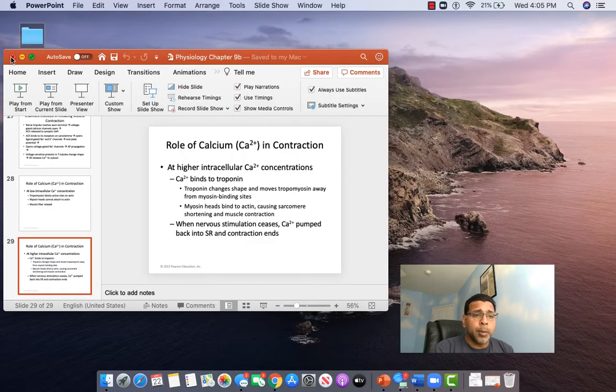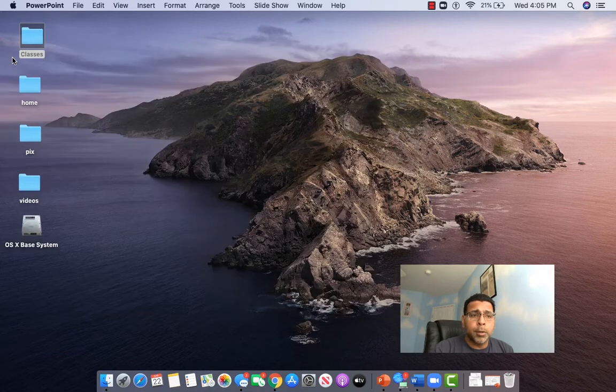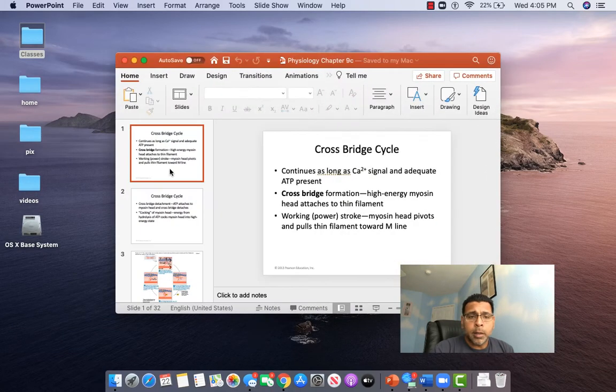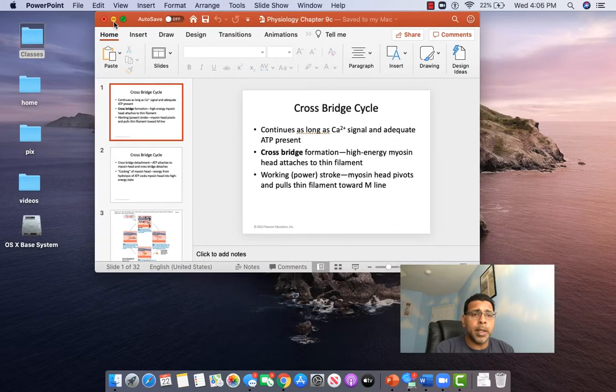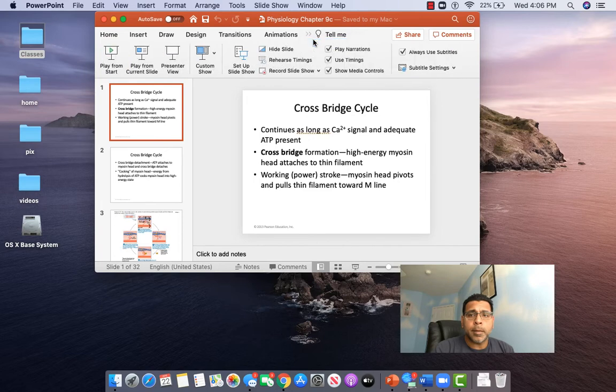So here then what we could do is move over to 9C, and here we can see now cross-bridge cycling.